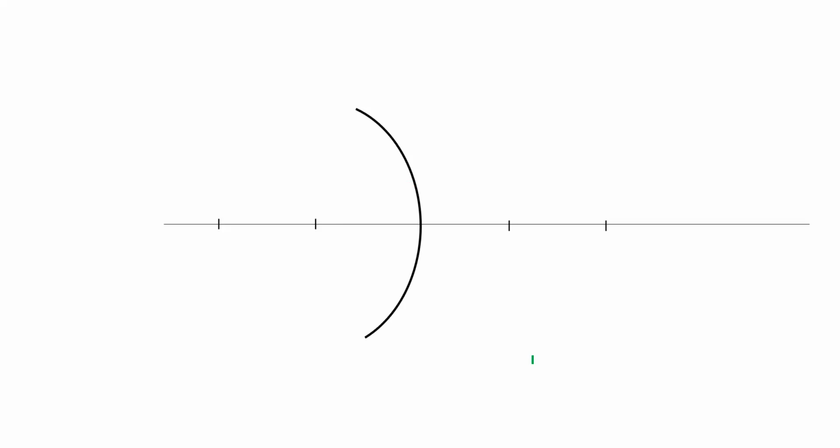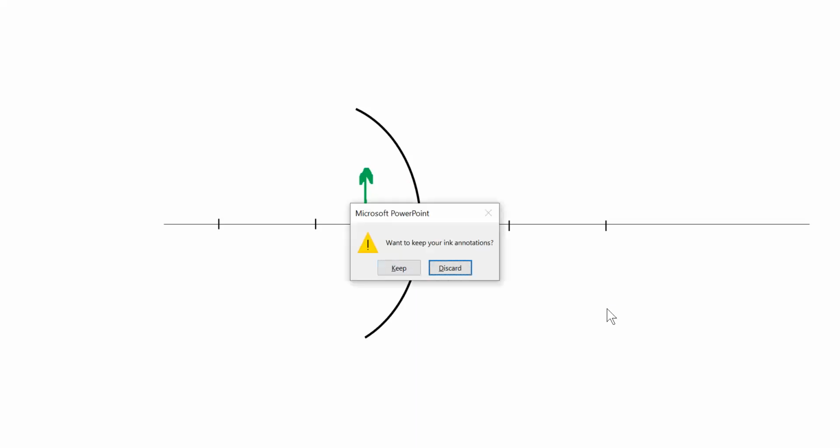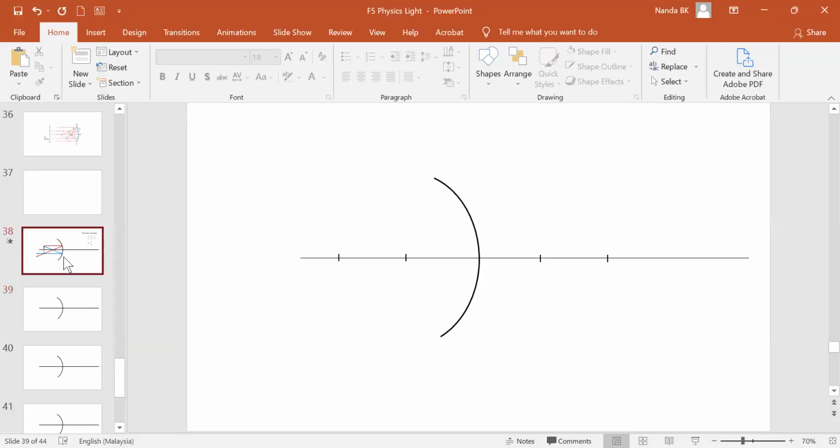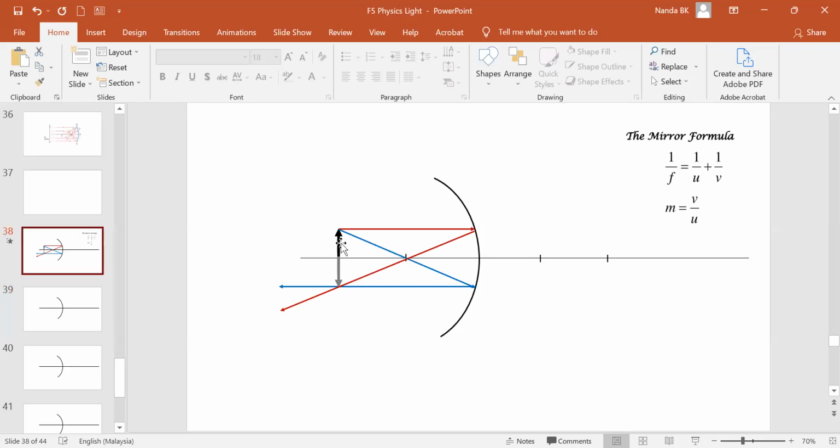Let's say now I put the object here. Please draw for me. Right at 5 cm. Can you please draw for me 5 cm? So I'm going to draw 5 cm. Okay, let's put it here.